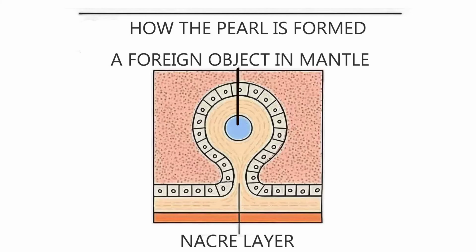This is its way of reducing irritation and protecting itself. If the intruder is a parasite, it eventually dies inside, and if it's a sharp object, it gets completely sealed within the nacre. Over time, this process results in the formation of a pearl.